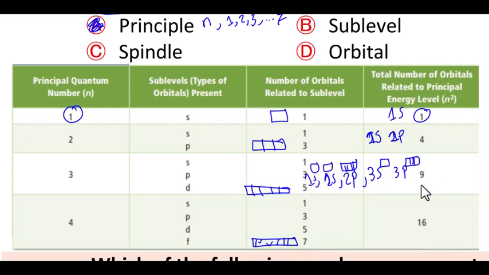So the total is 9 orbitals. In the fourth level it has 16 orbitals in the same way: 1s, 2s, 2p, 3s, 3p, 4s, 3d.